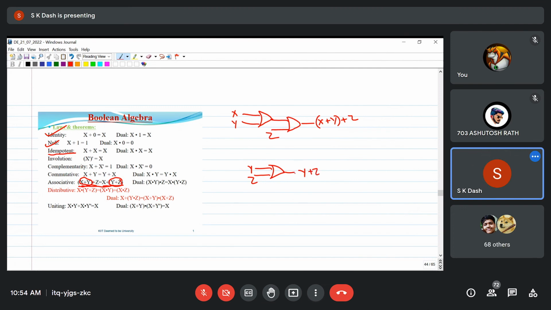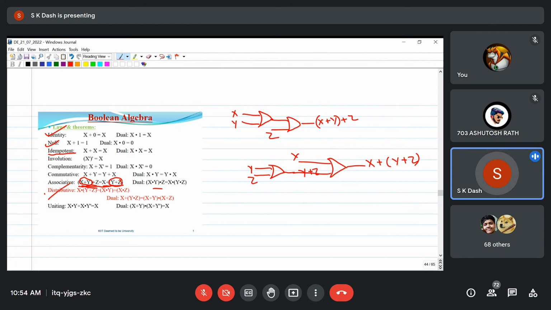Then we are taking another input x. So it is same as x plus y plus z. So it is called as associative. AND and OR operations are both associative and commutative. Similarly, you check for other gates, whether they are associative or not, commutative or not.